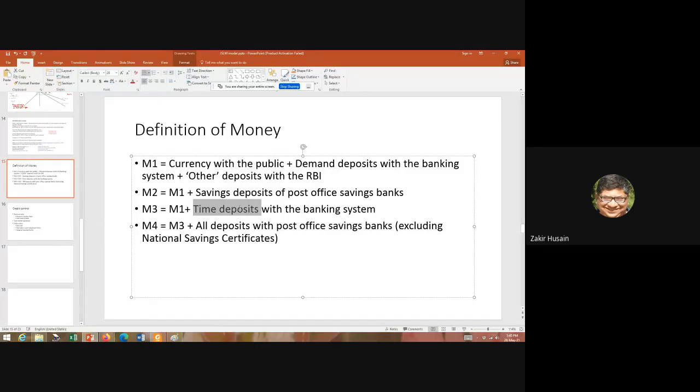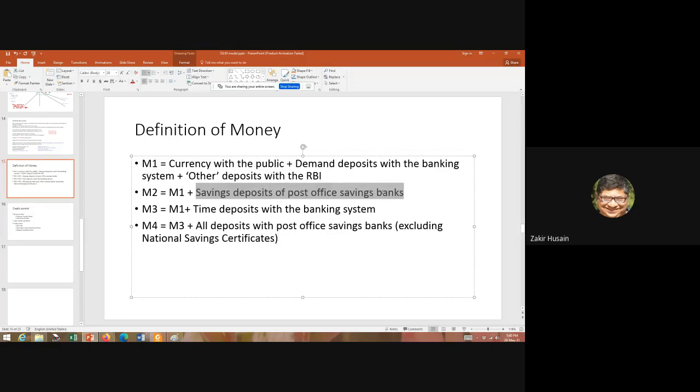These deposits are made for a certain period of time, and you're not supposed to withdraw before this time period elapses. Of course, there are emergencies and exigencies, and you are allowed to withdraw, but at a cost. So, what is the main difference between M1 and M2?